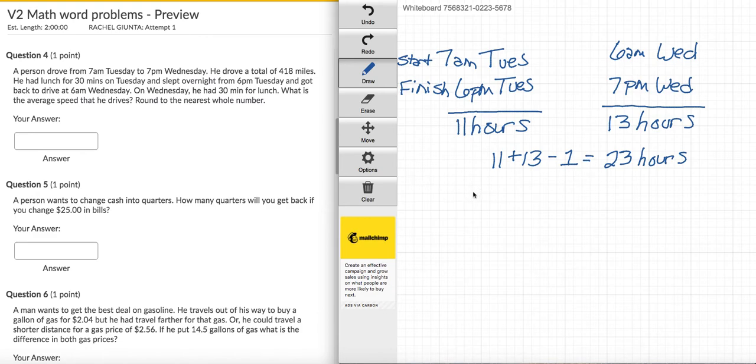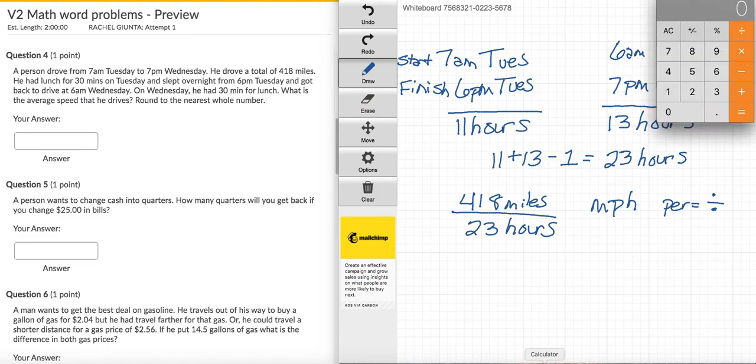And then he drove a total of 418 miles. And speed is, you know it as miles per hour. And what that means is per means divide. So if you take the 418 miles, per is division, 23 hours, and then we just plug that into the calculator.